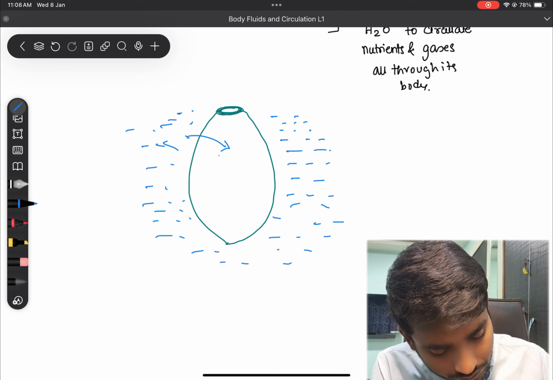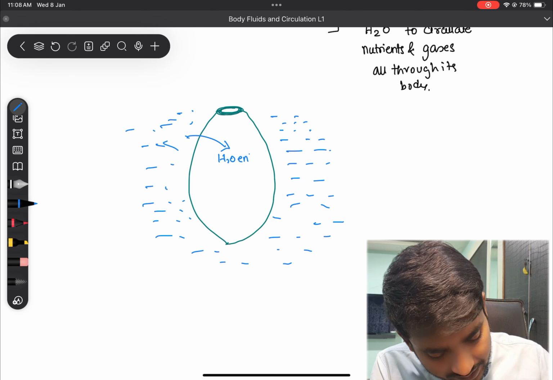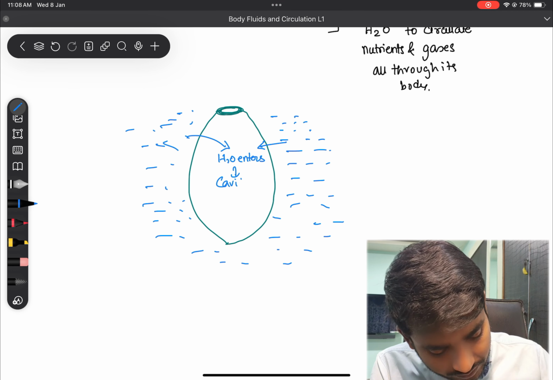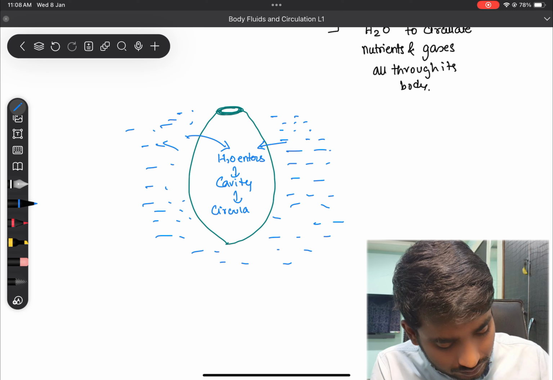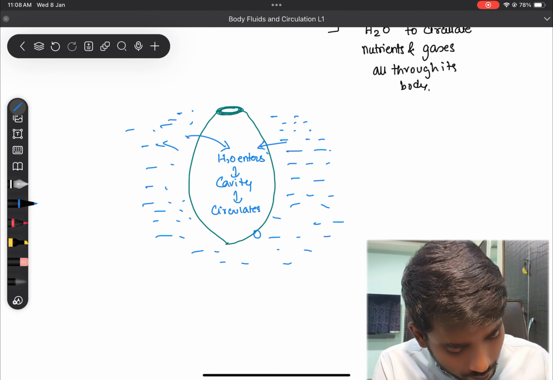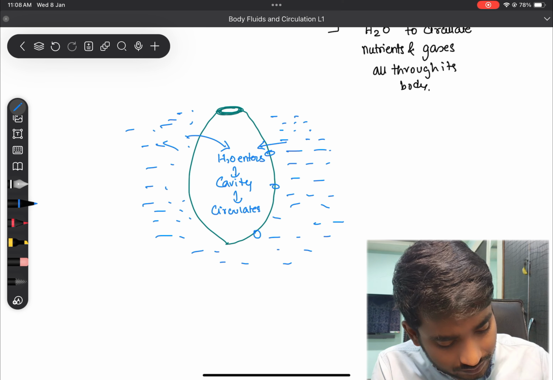H2O enters the cavity and circulates. There are different pores.